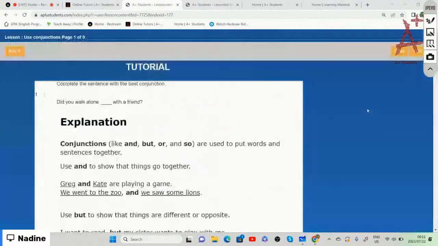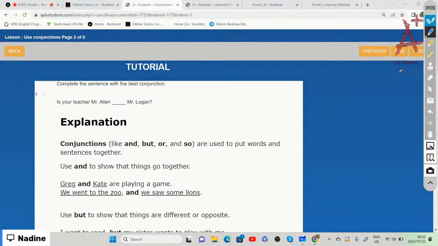All right, we're going to the next one. Is your teacher Mr. Ellen, Mr. Logan? We need to choose the best possible conjunction, which is either and, but, or, and so, to complete the sentence. Is your teacher Mr. Ellen or Mr. Logan?